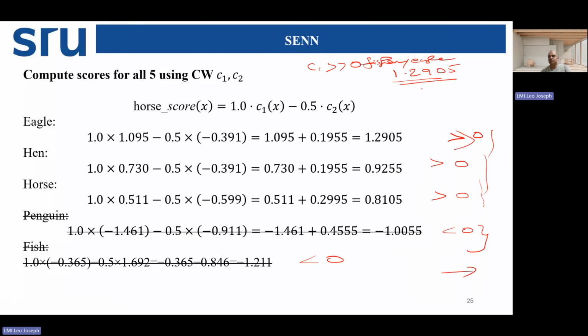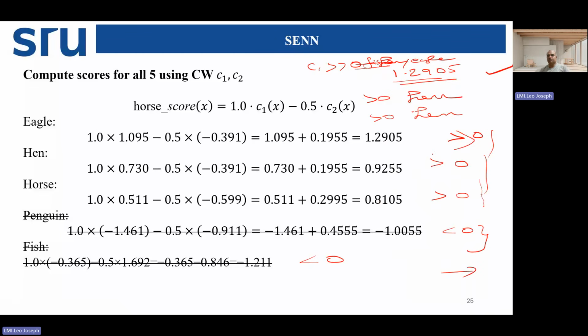Okay, as per the rule. If it is just greater than 0, what happened? Very much greater means it belongs to eagle. Just greater than 0 means it belongs to the hen category. And then one more thing is just greater than 0. So this also belongs to the hen category only.